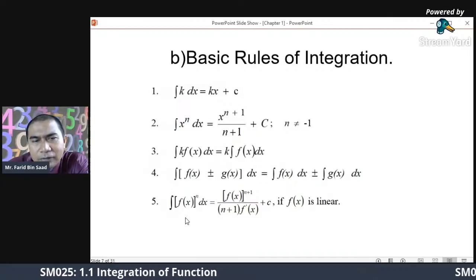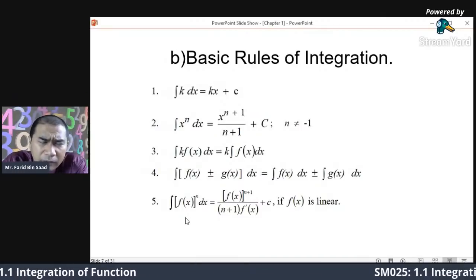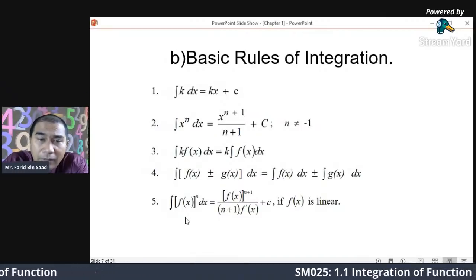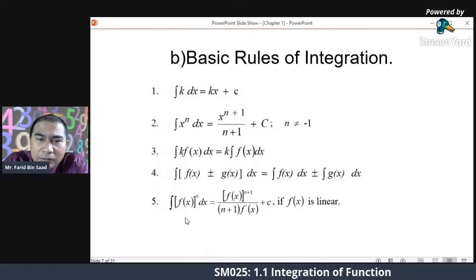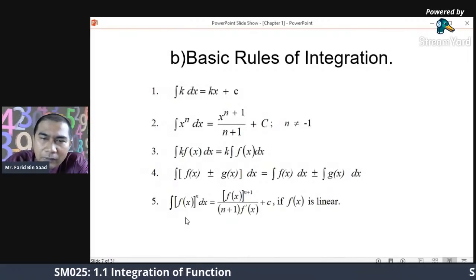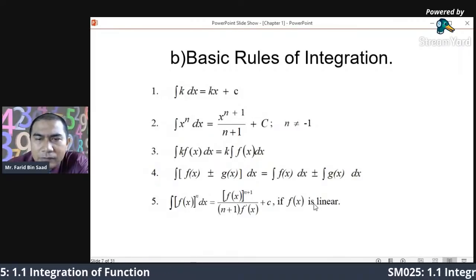Number 5: integral of fx power of n dx. Now, what is fx? fx is a linear function.